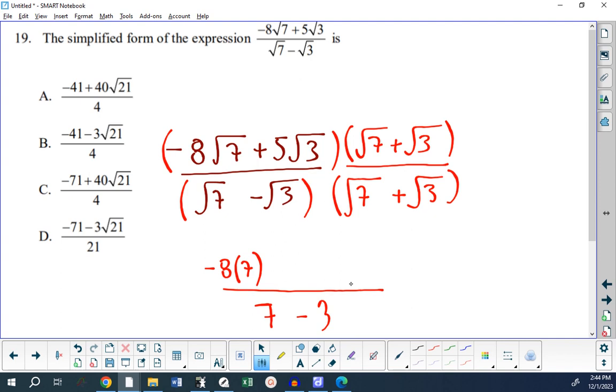My outer is going to be negative 8 root 21. My inner is going to be 5 root 21. And my last is going to be 5 times 3.